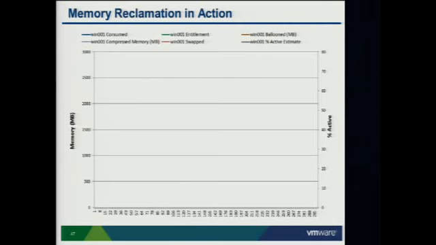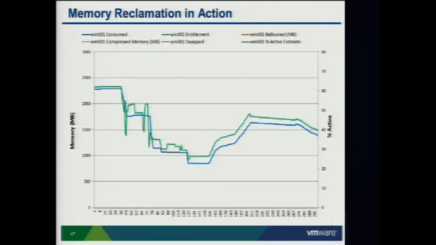Okay, so let's take a look at the memory activity. In this case, this is the consumed memory, and let's plot the entitlement. As Kit pointed out, when you have memory overcommit, entitlement is less than consumed. So let's take a look at how ESX is going to reclaim memory under this kind of situation.